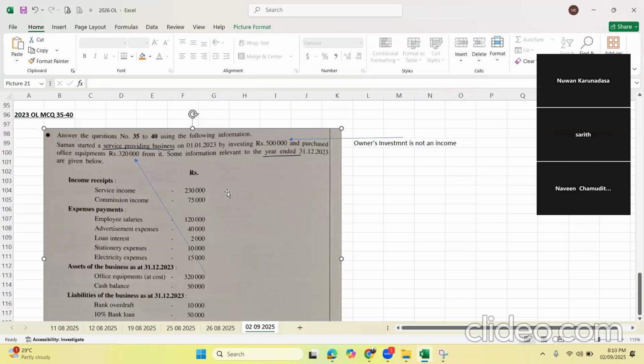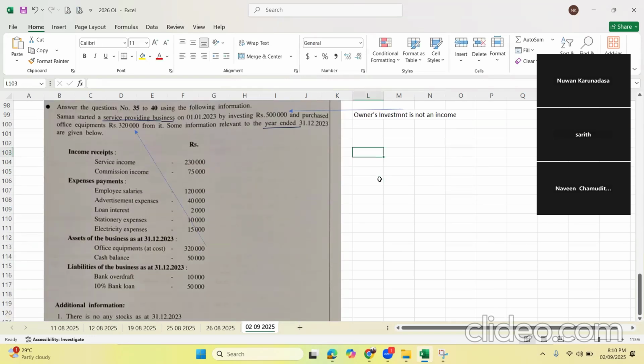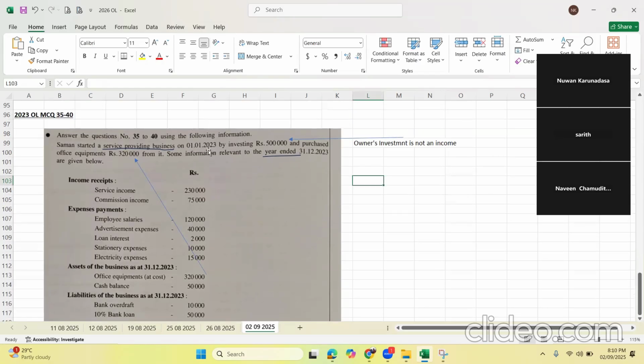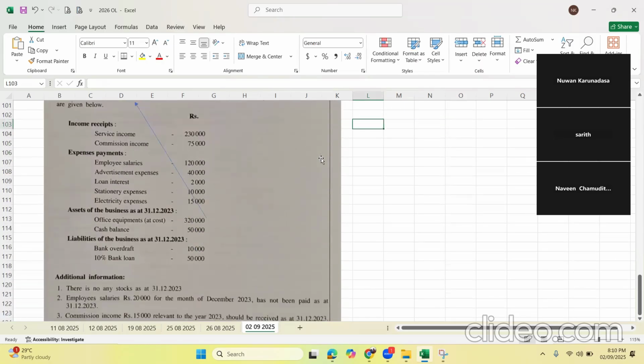You have to read the question carefully. The period covered is 1st of Jan 2023 to 31st December 2023, a 1 year period. Then the closing cash balance is given. Liabilities of the business at 31st December 2023: bank loan is given, then the bank overdraft.